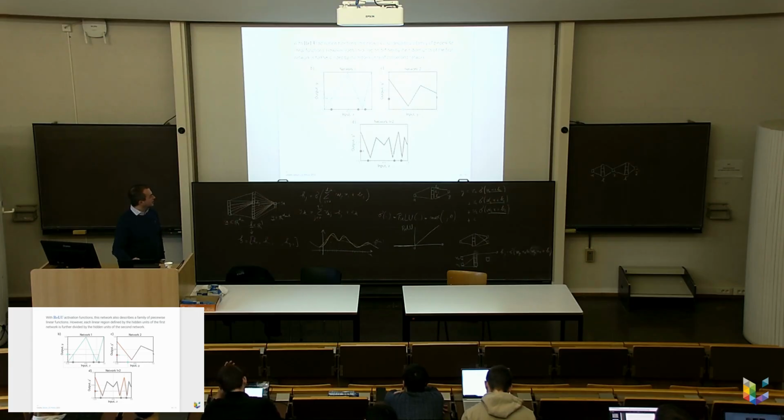Now, what is more interesting is what happens when you look at the composition of these two neural networks. So here, for example, when you go from -1 to 0, in terms of the output, we are spanning the space from -1 to 1.